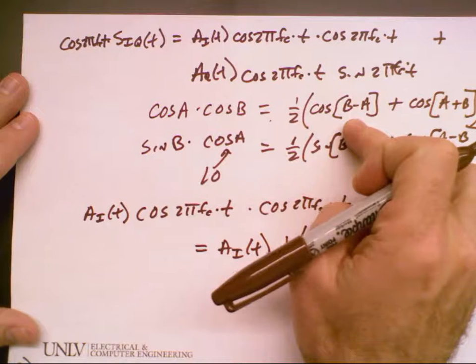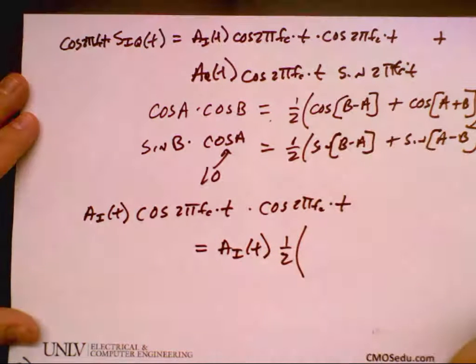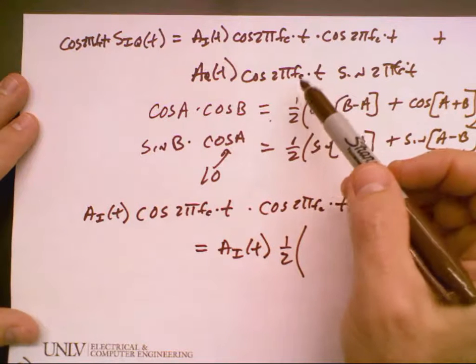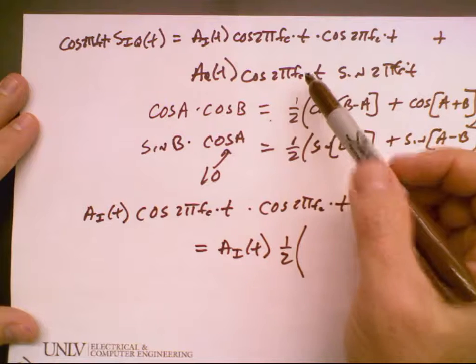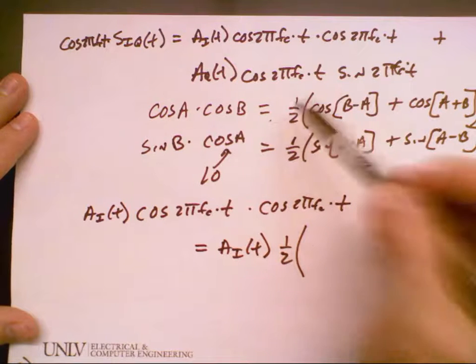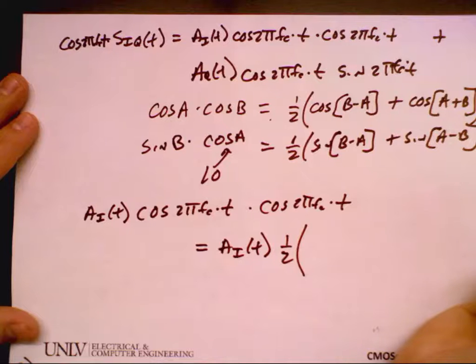Cosine 0, which is 1. Okay, so now comment on if there was a phase shift in the local oscillator. Would it be cosine of 0? No, but it would be a constant, right?